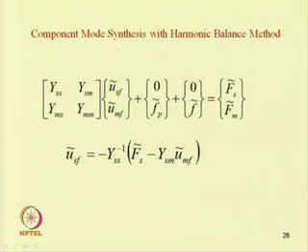Similarly, in component mode synthesis, we are dividing the system into slave and master, where the slave systems are retained in terms of the generalized coordinates and masters are retained using physical coordinates.